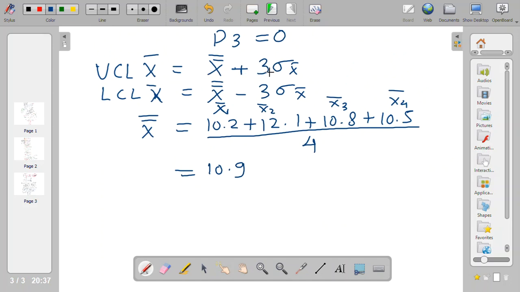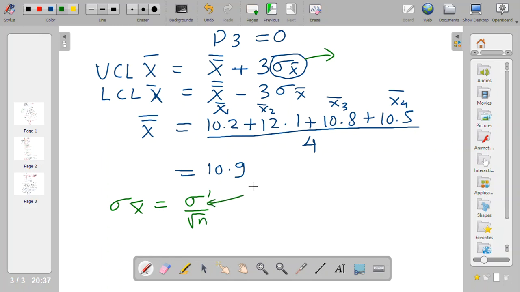Now the upper control limit is X double bar plus 3 into sigma X bar. What is the value of sigma X bar? For that also there is a formula: sigma X bar equals sigma bar divided by square root of n. What is sigma bar?